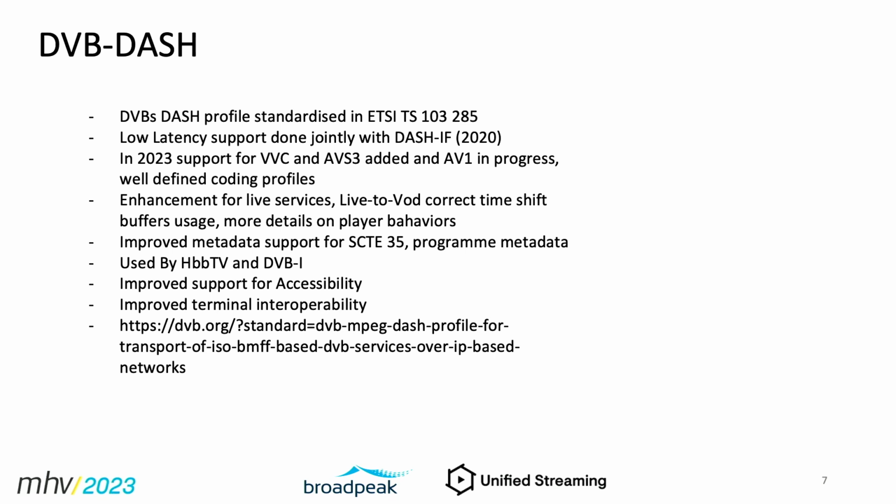So first, DVB-DASH. Let's be very quick. So DVB-DASH is a profile of MPEG-DASH, like you understood. There is low latency support that has been very well defined jointly with DASH-IF. And there are a certain number of features that make MPEG-DASH much more interoperable within the DVB ecosystem.